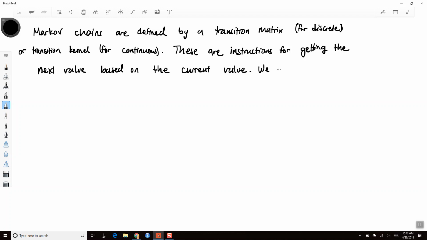And we will use this to generate values from a Markov chain. Okay, and again, the idea is we're no longer drawing values IID from our target distribution. We're drawing values according to the transition matrix or transition kernel of the Markov chain. And this, at the end of the day, will produce values that come from the distribution, okay?